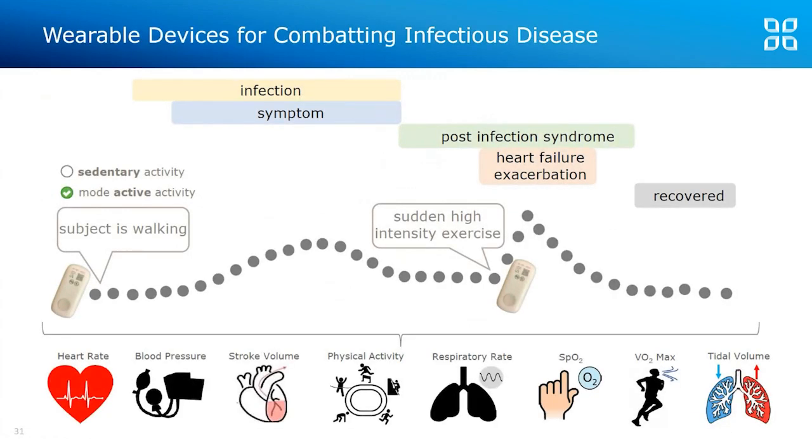So we've been thinking about this problem for quite some time, exactly as PJ had mentioned before. This concept of being able to collect wearable data at higher frequency from persons at home, to try to detect exacerbations or changes in physiology that might be indicative or predictive of things that are going on, has been something that our lab has been very excited about and has been working on for quite some time now.